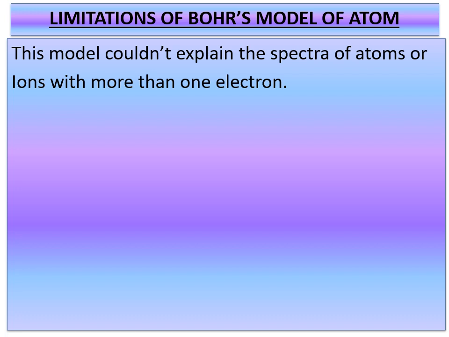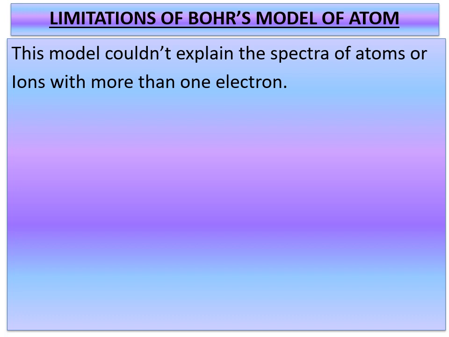So here are the limitations of Bohr's model of an atom, or we can call it a drawback also. Niels Bohr could successfully explain the properties of a hydrogen atom, like the atomic spectra emitted by a hydrogen atom. In our class we don't study the hydrogen spectrum.